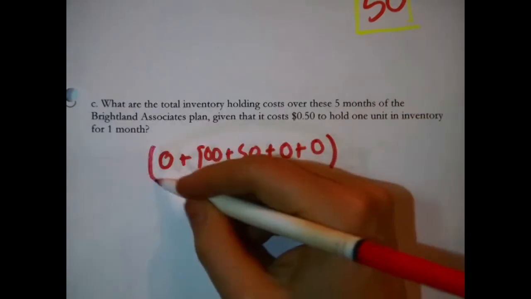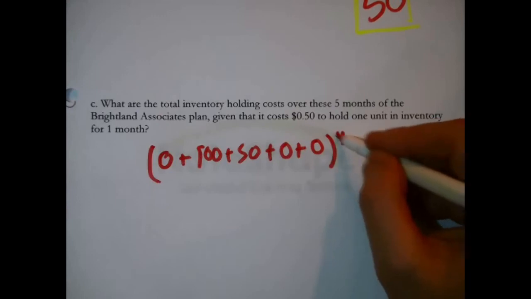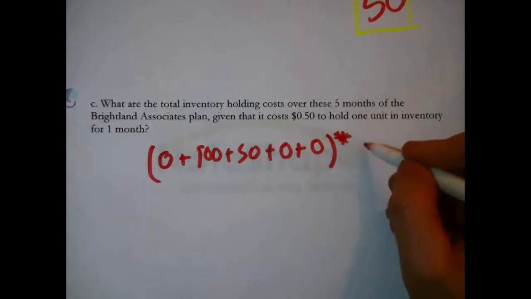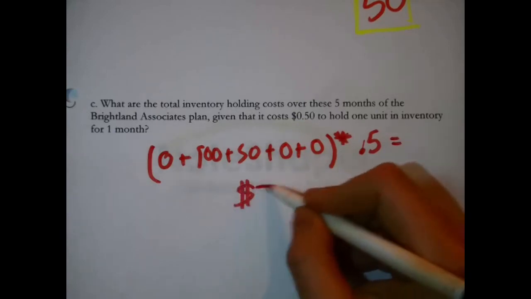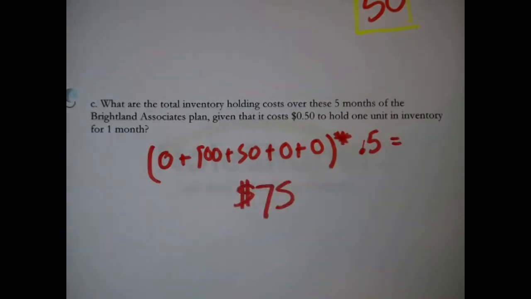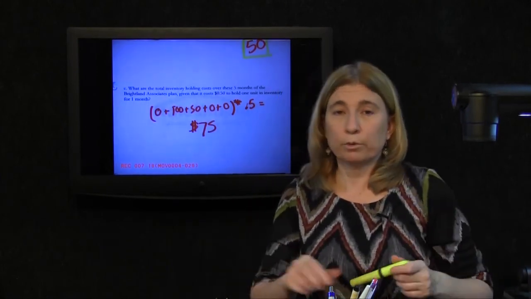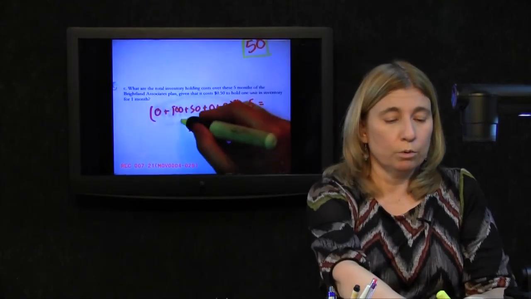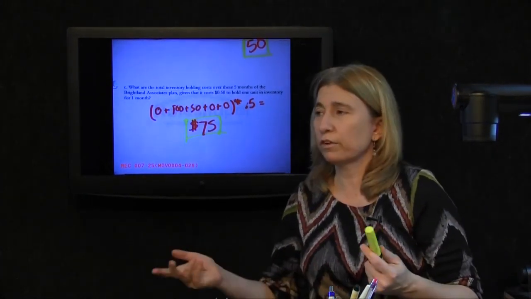I'm just doing that for the sake of completeness. So there's 5 months. Each and every one of those times 50 cents, that's where we get a total of $75. Because it's essentially 150 times 0.5, or a total inventory cost over those 5 months of $75.